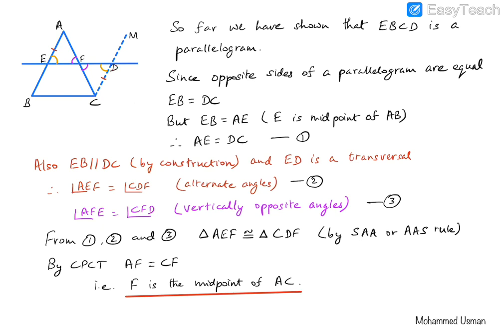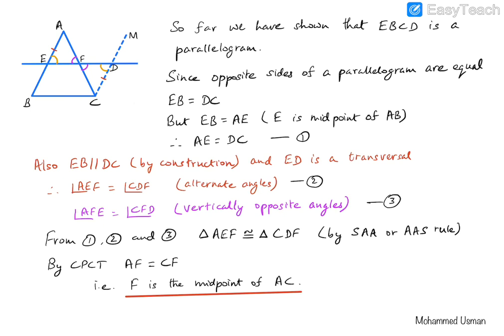Okay, now what we have is EB is parallel to DC. Okay, by construction we have made this CD parallel to AB, right? So therefore EB is parallel to DC, and this line ED is a transversal to those parallel lines. So when we have a transversal passing through two parallel lines, the alternate angles are equal.